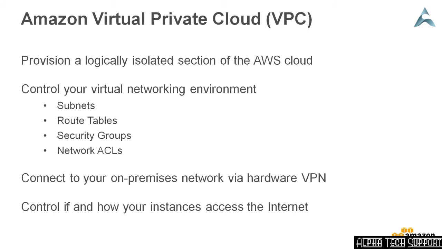VPC provisions a logically isolated section of the AWS cloud that may have multiple resources, with separate IP addresses or subnets or routing tables or security groups or other things. You can control them over the cloud.